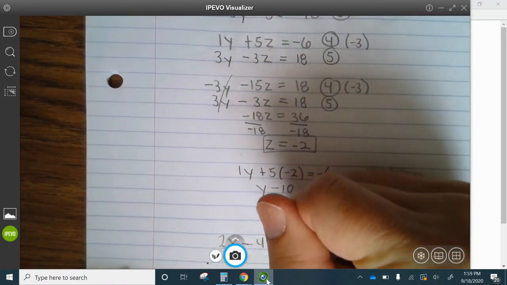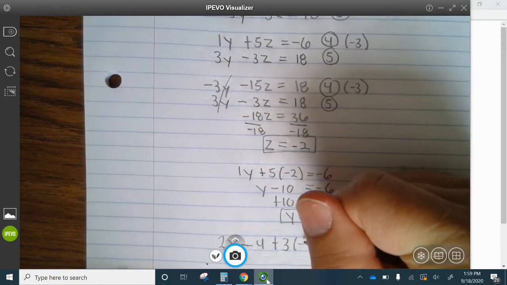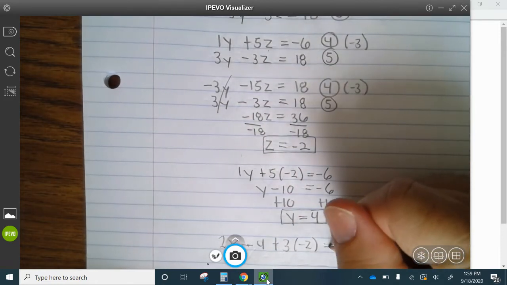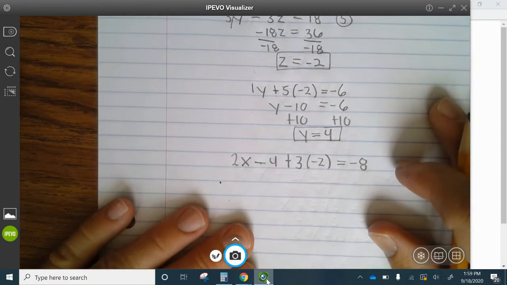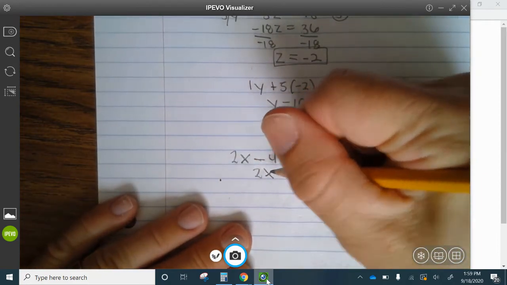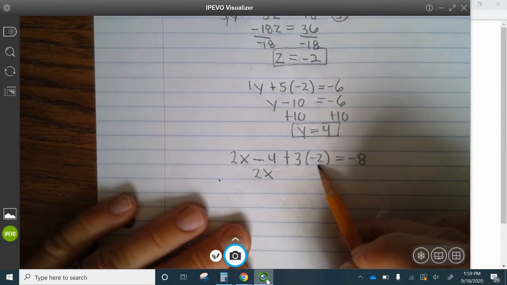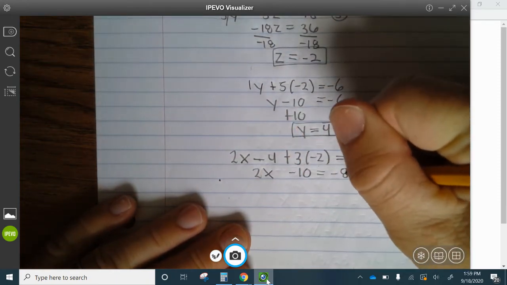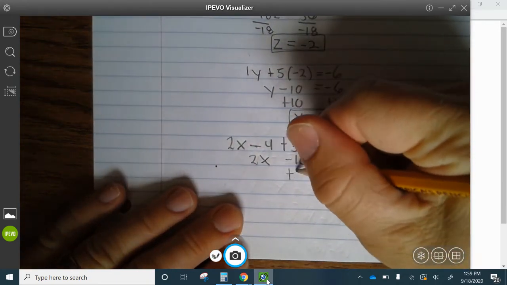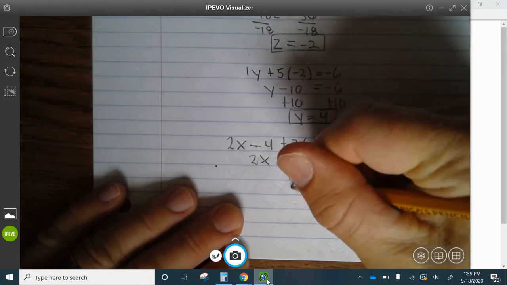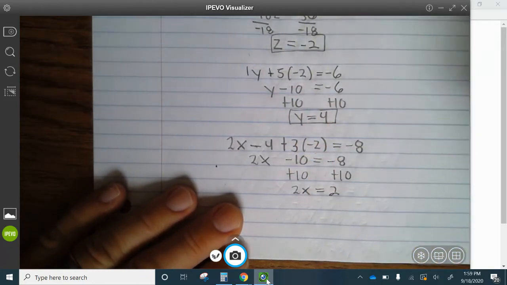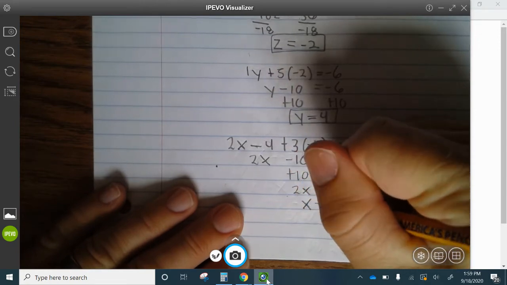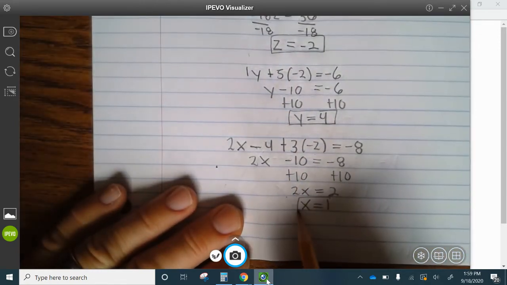Add 10 to both sides. Get 2x equals 2. So x equals 1. So your answer is 1, 4, -2. Correct?